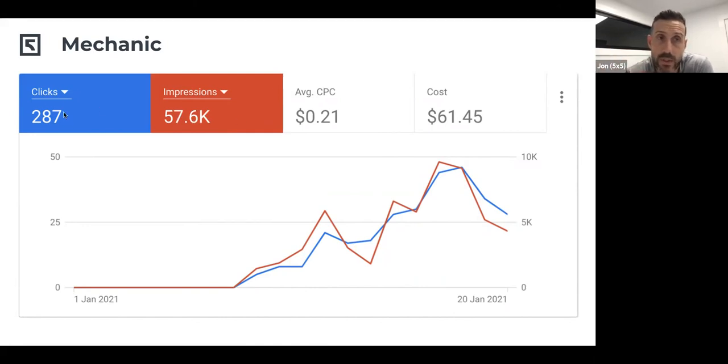This has resulted in almost 300 clicks through to his website with an average cost per click of 21 cents. So for $61, I reckon that's a pretty amazing investment in terms of the volume of branding and just the subliminal messaging.